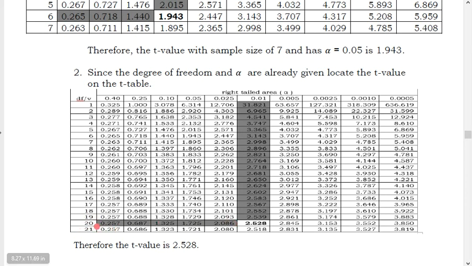If we are asked for the sample size, we will assume that it is 21, because sample size minus 1 is the degrees of freedom, which here is 20. So, 0.01 is our percentile, with 20 degrees of freedom. When we intersect them, we have 2.528, which is our t-value.